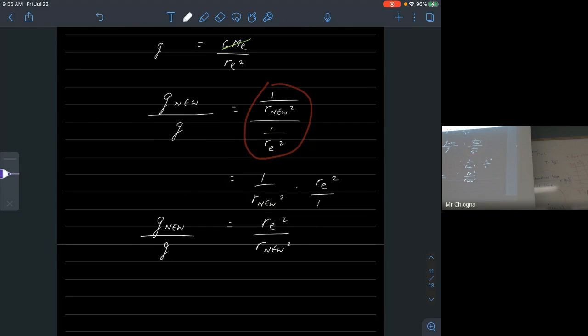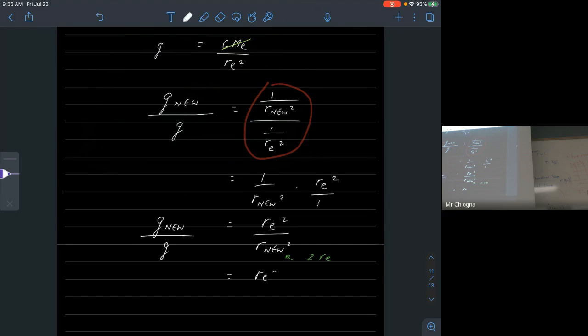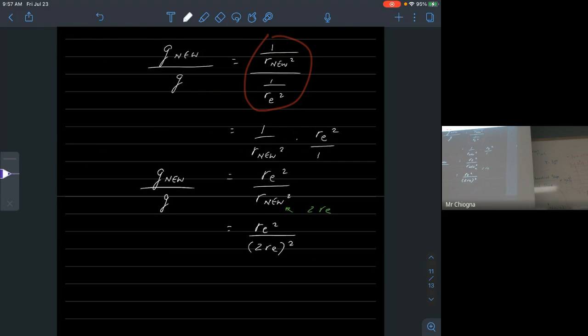Okay, so we're told that the new field strength is at a distance of twice the radius of the Earth. So this here is 2RE. You can do that if you want. Just plug in 2RE, that'll work. What is that? That's 9.81. That's the value on the surface.